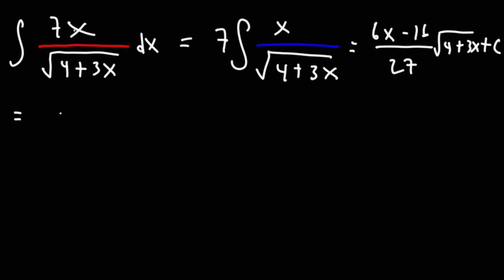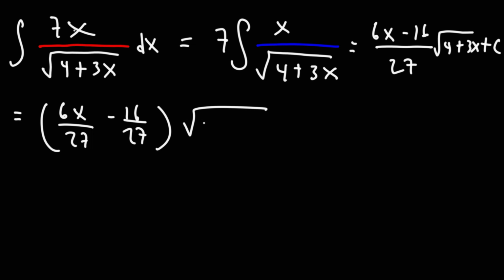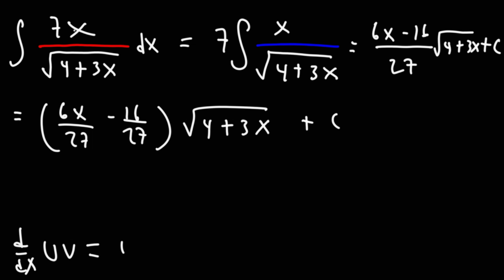So we have 6x over 27 minus 16 over 27, and all of that is times the square root of 4 plus 3x, and then plus c. So in order to differentiate this problem, we're going to have to use the product rule. So if you recall, the derivative of uv is going to be u prime v plus uv prime.